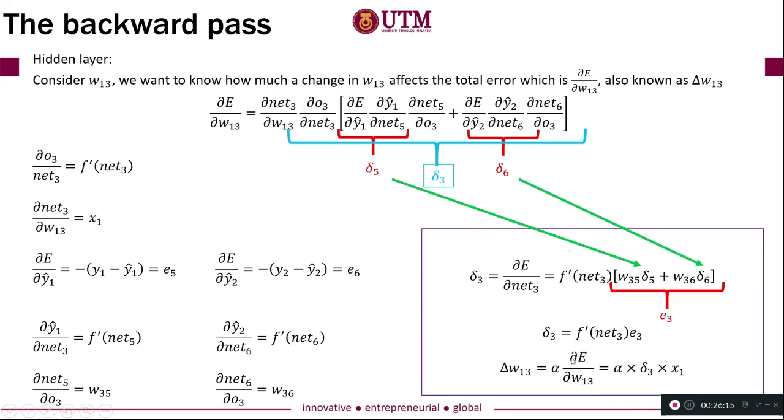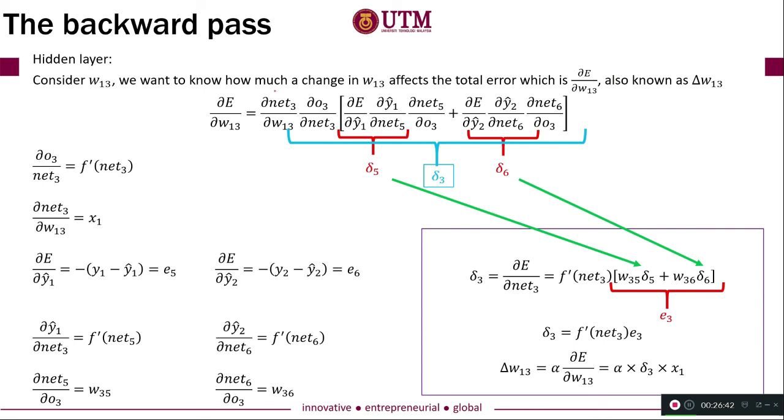So of course at the end again you want to find your update. The update of W13 is equal to alpha times your del E over del W13, which is equal to alpha times the delta 3 and then times your x1, because this x1 here comes from here.